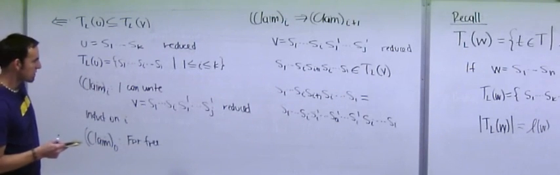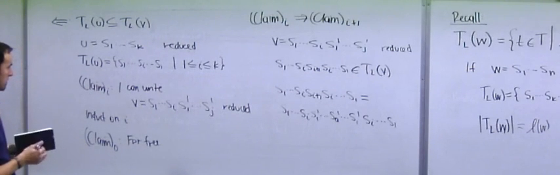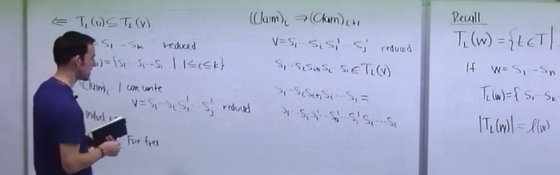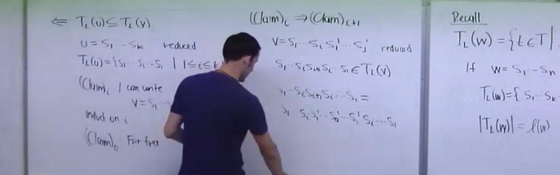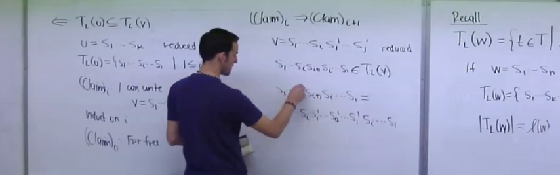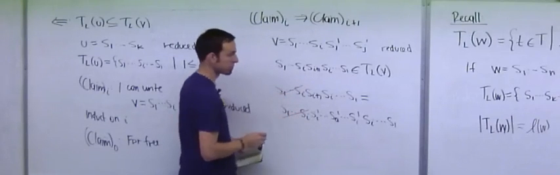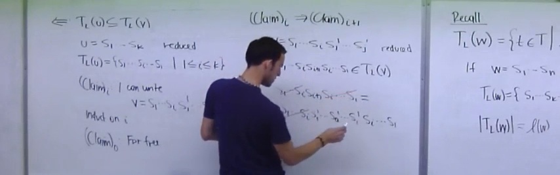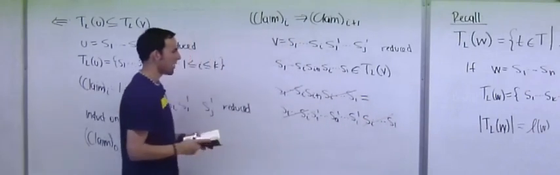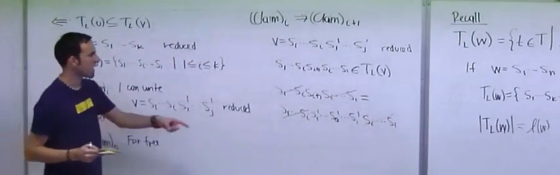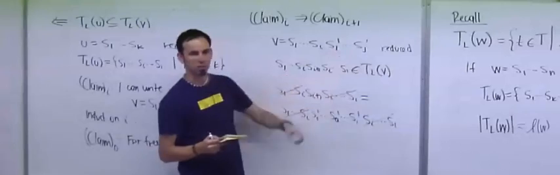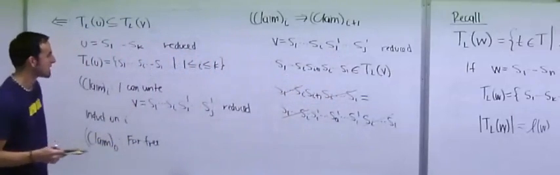So I have a relation that looks like this, and what can I do? Well, it looks like I can basically cancel this with this, cancel this with this, and I have expressed Si plus 1 in terms of these S primes. So that looks promising.